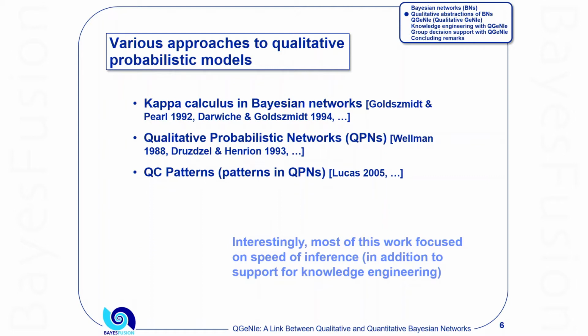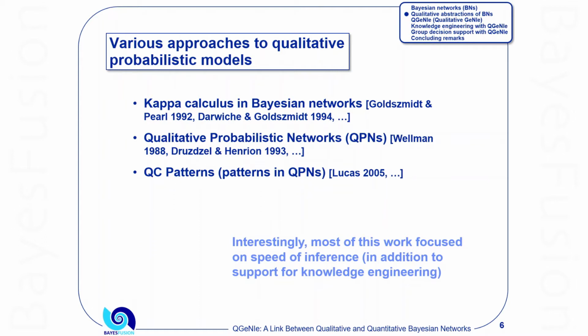And the QPNs, qualitative probabilistic networks, by Mike Wellman. I also had some contributions to them in product synergies and the algorithm for inference in QPNs with my advisor Max Henrion. There were also other people who did follow-up work.